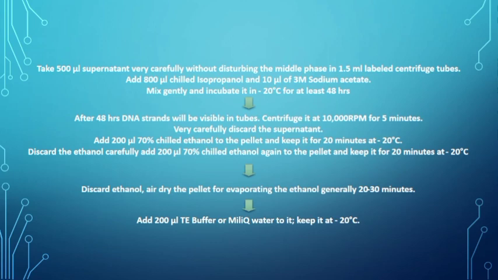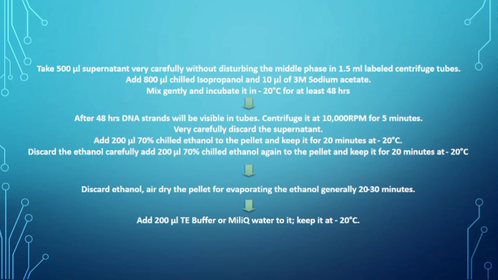Carefully discard the isopropanol, then add 200 microliter of 70% chilled ethanol to the pellet and keep it for 20 minutes at -20°C. Discard the ethanol carefully again, add 200 microliter of chilled ethanol again to the pellet, and keep it for 20 minutes at -20°C.